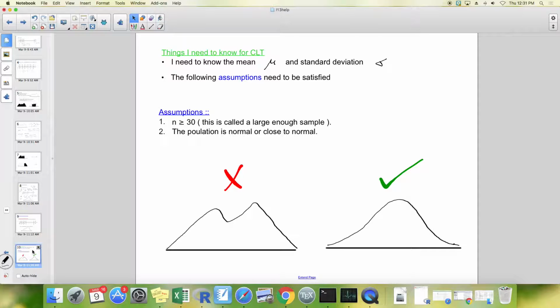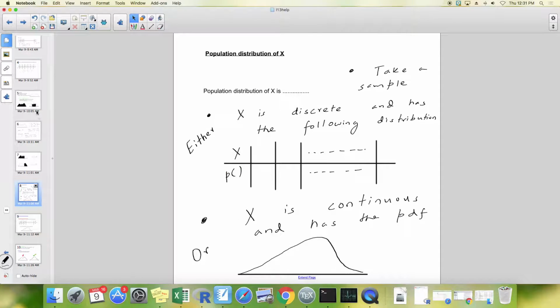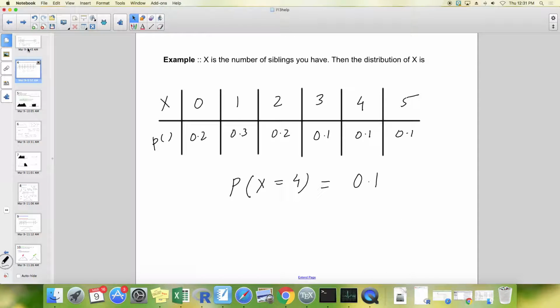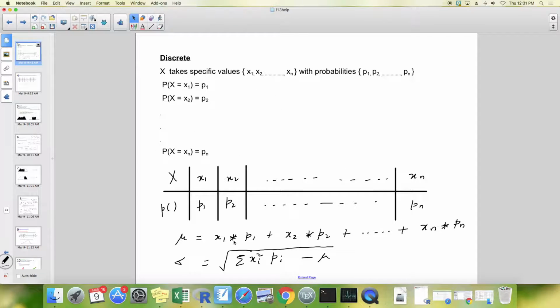The things I need to know are the mean mu and standard deviation sigma. So remember, for discrete, we have a mean mu like this and sigma like this. So I don't need to know this table, but I need to know this mu and this sigma.